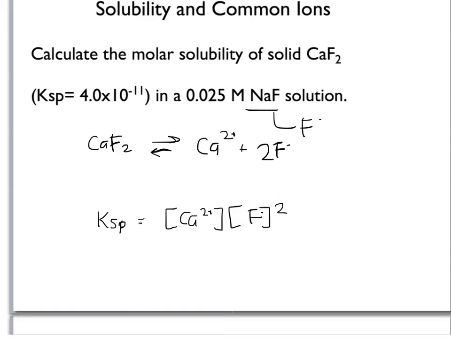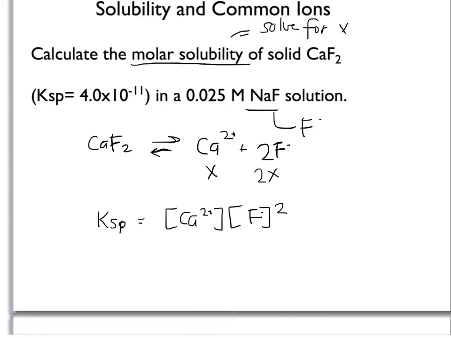So what we're going to do is try to solve for the molar solubility. Whenever we're solving for the molar solubility, we're looking to solve for X. We can do that right here because we know that as calcium fluoride dissociates, calcium will be X, and the fluoride will be 2X.